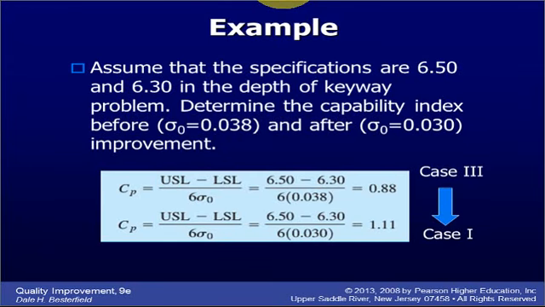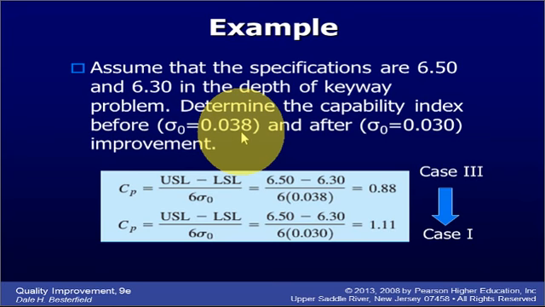We still use the same keyway example as we used in chapter 5 throughout this chapter. So in January, we have this process capability with the sigma 0 equal to 0.038. And then we keep improving this process.